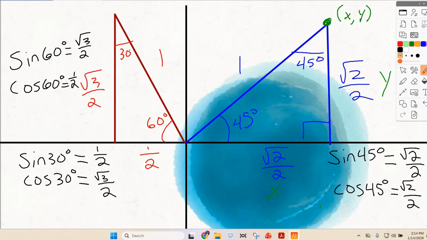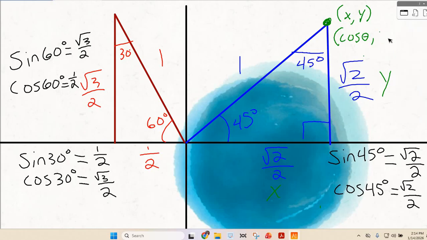So when we write our ordered pairs, my cosine can actually go in the X spot. Same thing. My opposite is my sine, and it's also over 1, so it can just go in the Y spot. When we write out these ordered pairs, my cosine is going to come first, and my sine will come second.